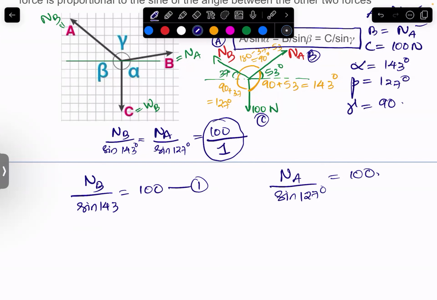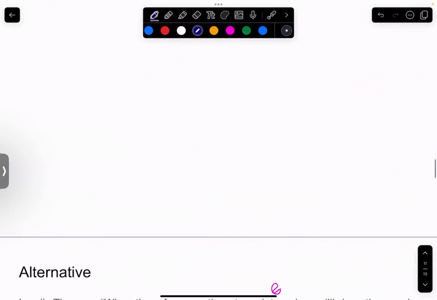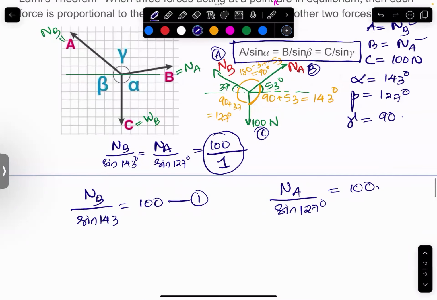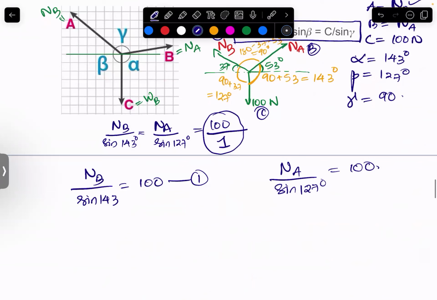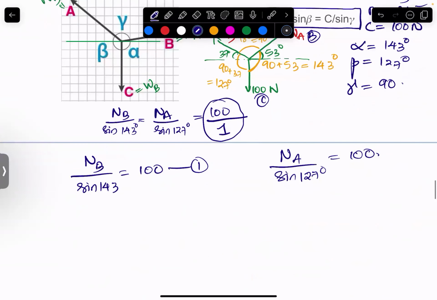It's very easy here, right? You don't need to resolve NA and NB into their components and calculate. You can directly get the values. So how to find NB? NB equals 100 times sine 90 plus 53. Sine 90 plus 53 is cos 53, so 100 times cos 53.